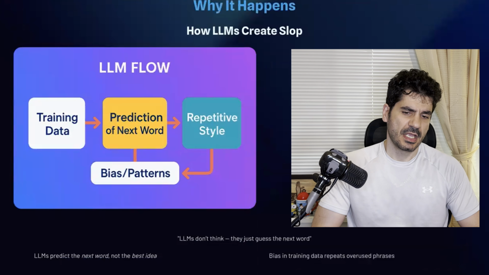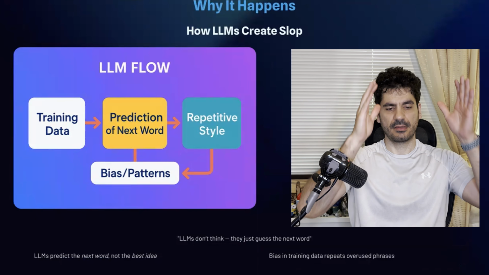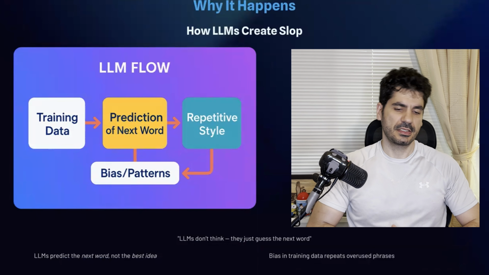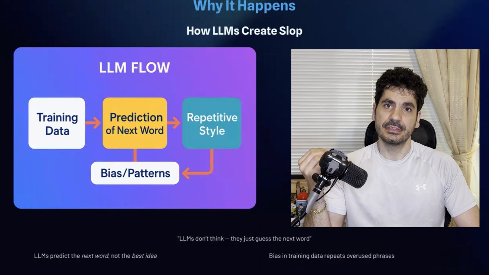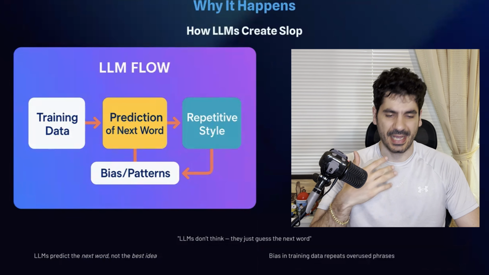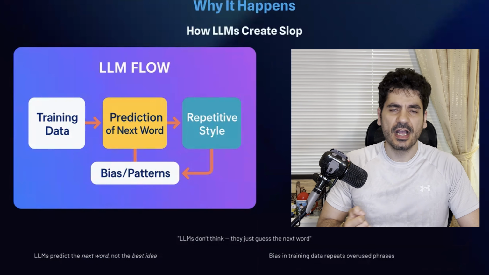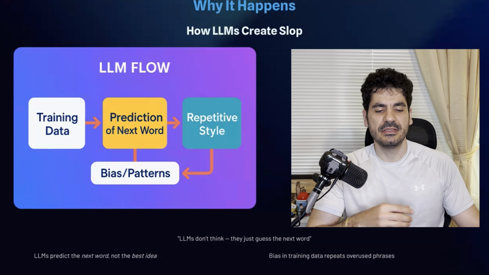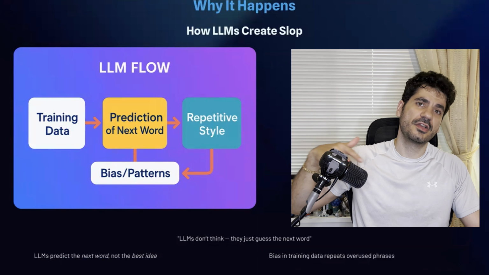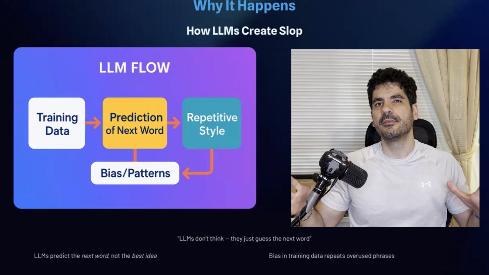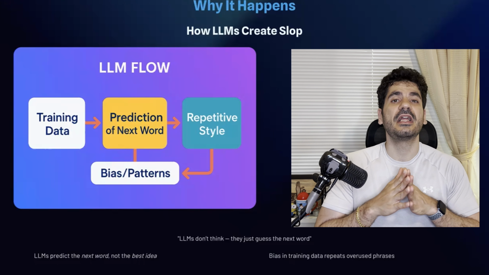But why does it happen? LLMs create slop because in training they predict the next words, and they are very good at detecting patterns. So they try to follow a repetitive style, and there are obviously some biases and patterns inside it. Then during RLHF we also do alignment, but it might assume that everybody is the same.